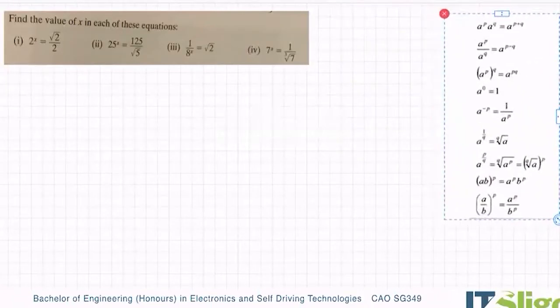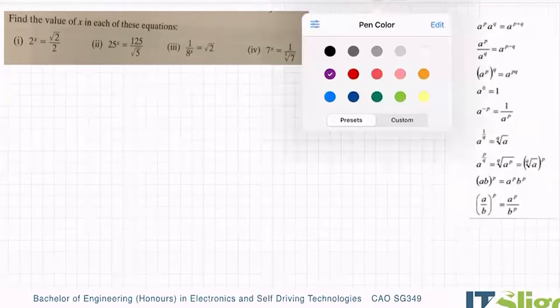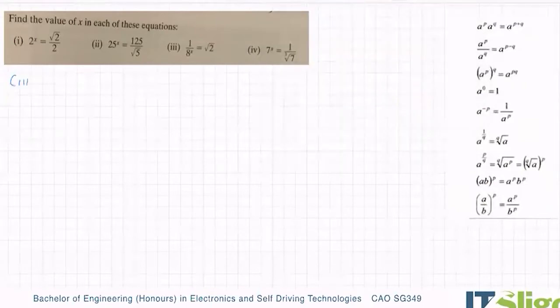Okay, let's try the third one. We have 1 over 8 to the power of x equal to root 2.